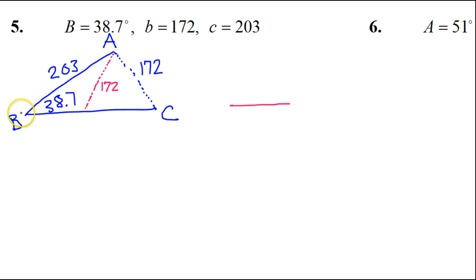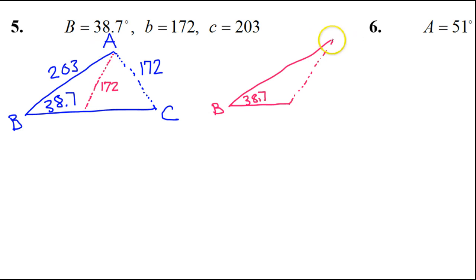So far I've drawn this portion. Now I'm going to draw the rope, which is going sort of like this. And now I'm going to draw this rigid side like this. So this angle B is still right here, and it is still 38.7.